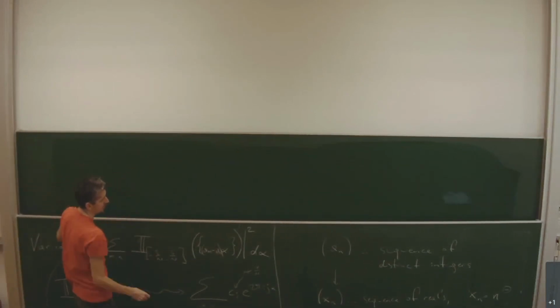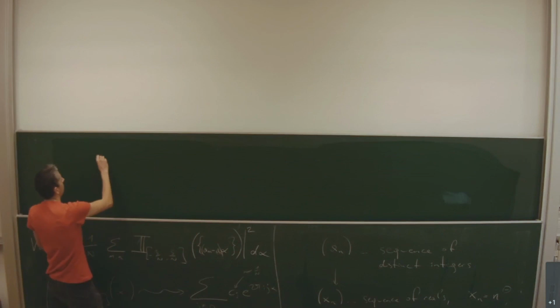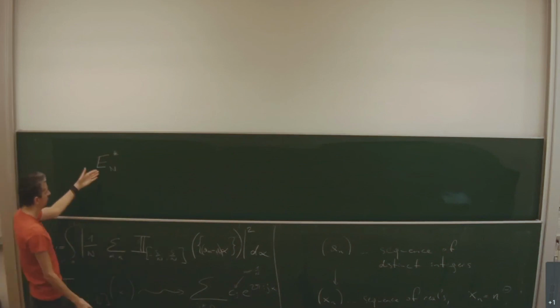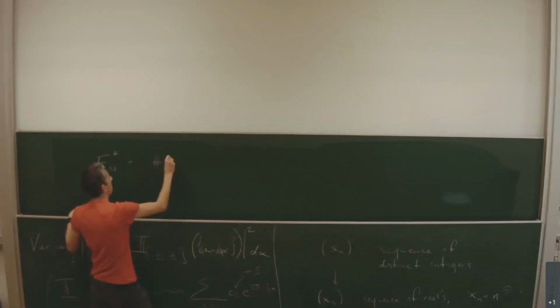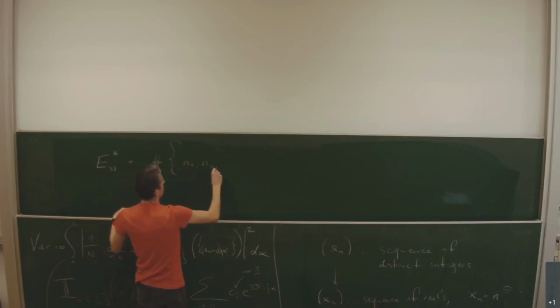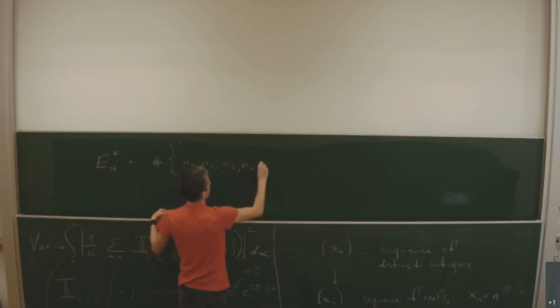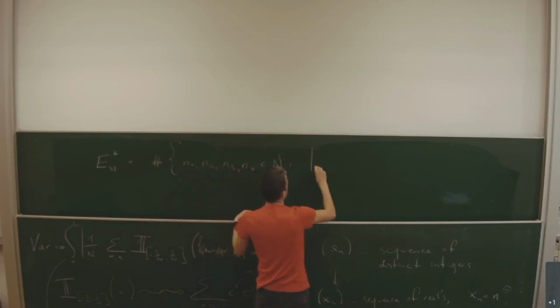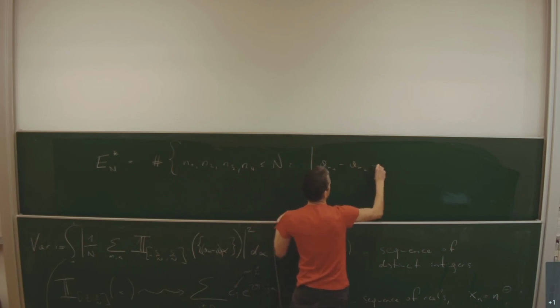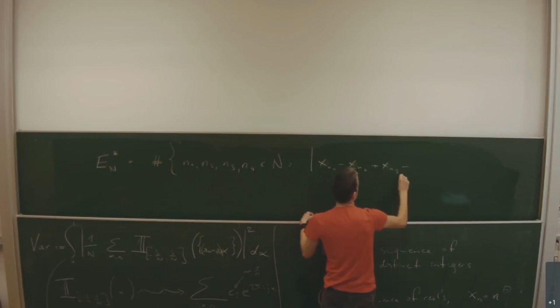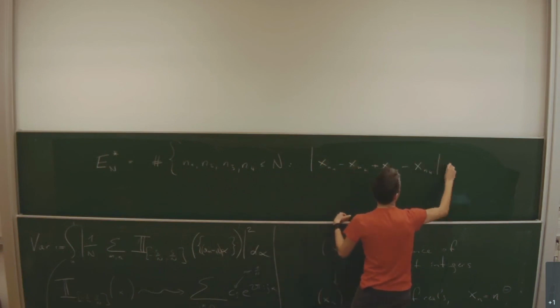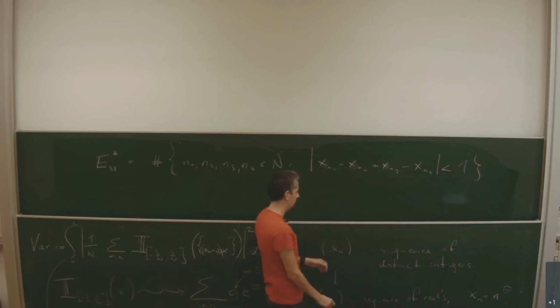In the real number setting for the sequence x_n, in the end you relate everything, this metric percolation problem, to a generalized additive energy, which is counting the number of solutions n1, n2, n3, n4 up to capital N for which x_{n1} minus x_{n2} plus x_{n3} minus x_{n4} is smaller than 1 in absolute value.